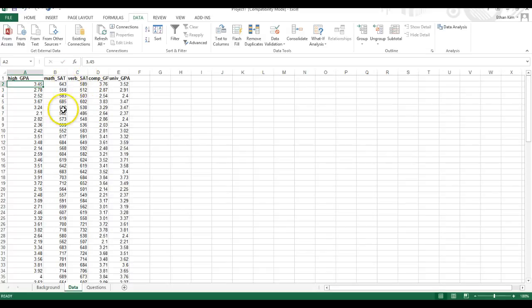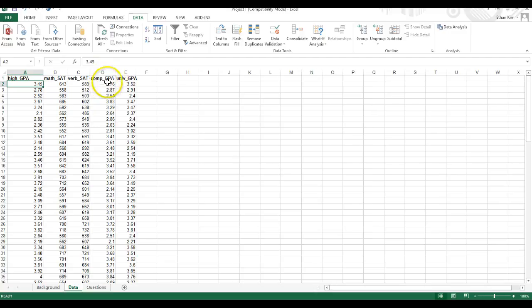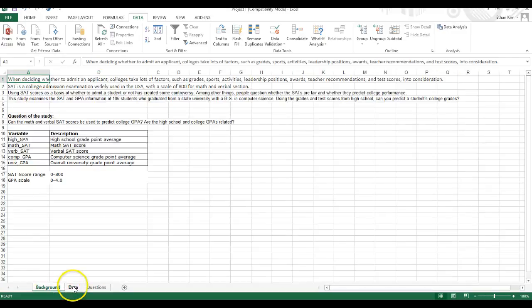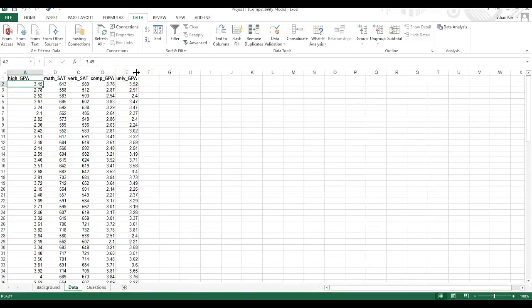So these are math scores. All math and verbals are out of 800 points. So these are all the scores here, and verbal score, SAT scores, and this is the computer GPA, because these are computer science students. So these are their major GPA on a scale of 4.0, and same, this is the university GPA overall.